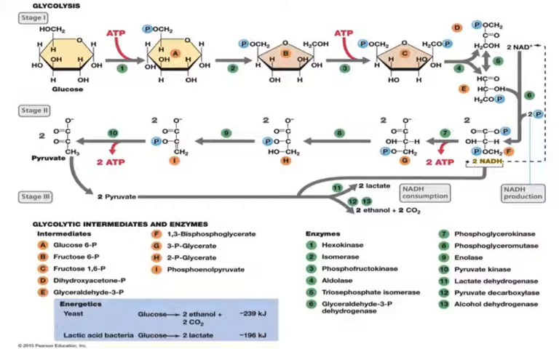Well, if we keep reducing NAD to NADH, eventually there's not going to be any more NAD. And if there's no NAD, can glycolysis occur? No. The purpose of fermentation is to oxidize NADH into NAD so that glycolysis can continue. That is the main function of fermentation.